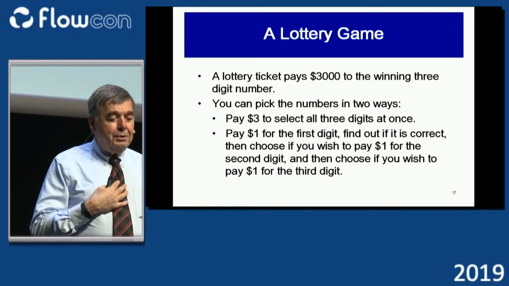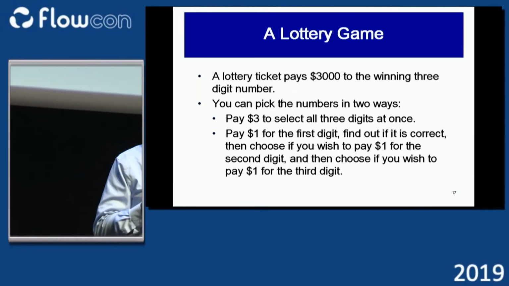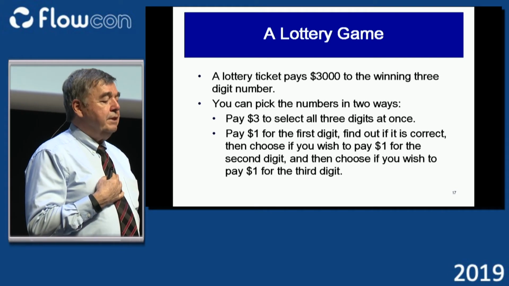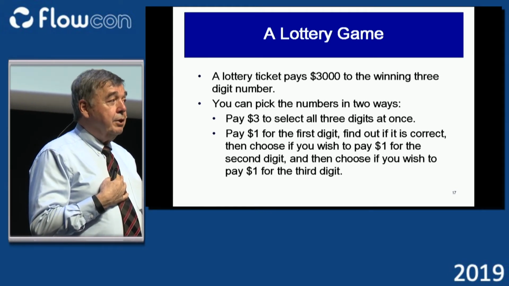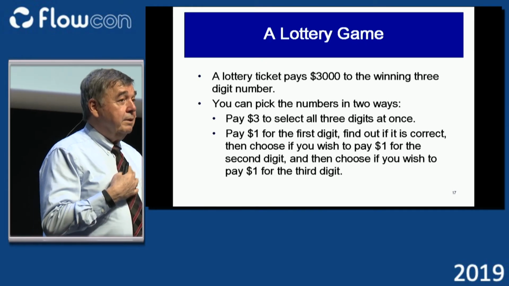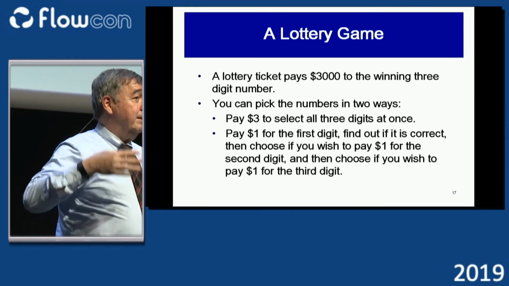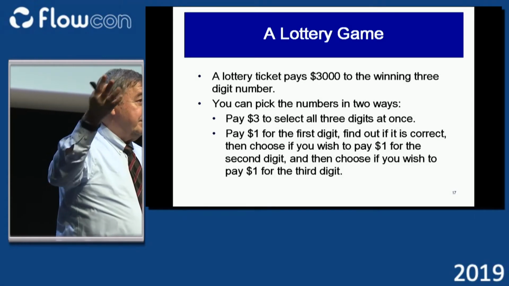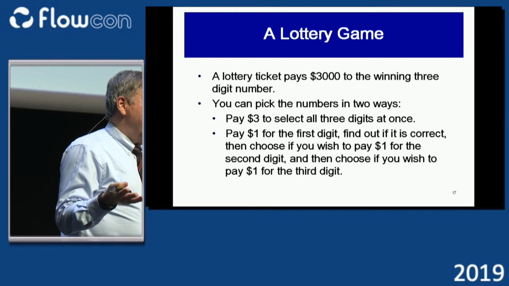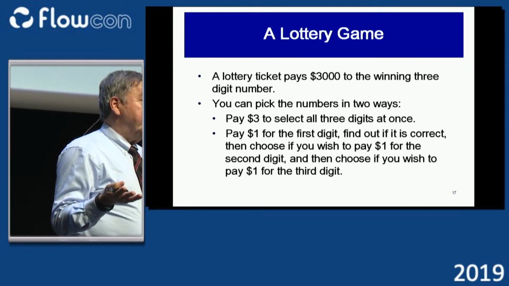I'm going to sell you a lottery ticket that pays $3,000 if you pick the correct 3-digit number. And I'm going to charge you $3 to play that game. Well, you'd very quickly figure out that it's 1 chance out of 1,000 of winning $3,000, which is worth $3, so that's a break-even game.